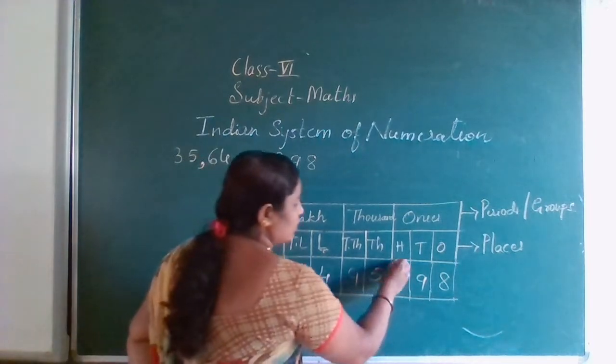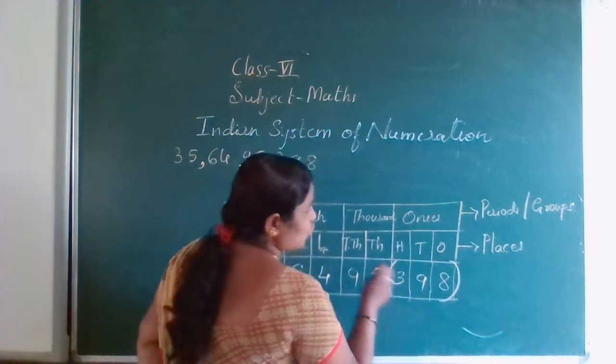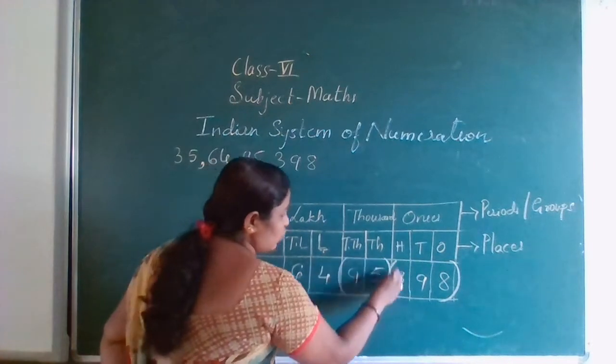So this is one group, the ones group, then the thousands group.